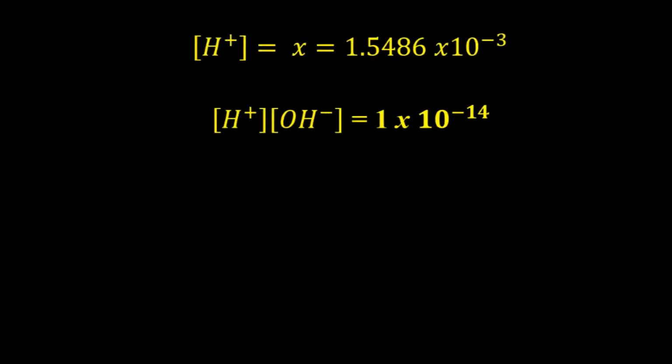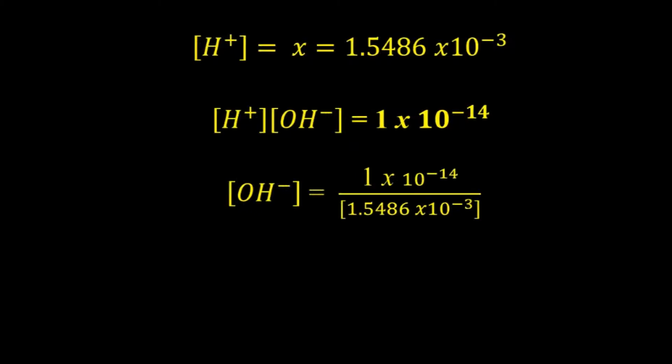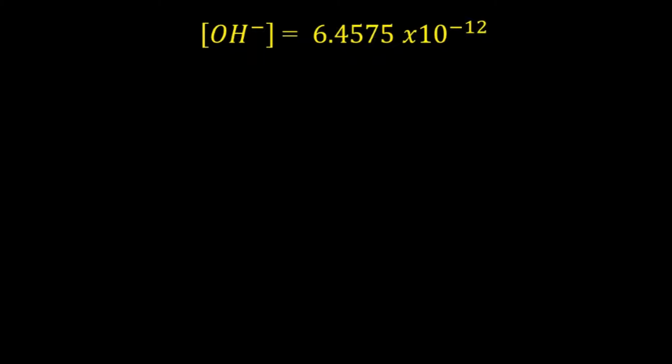Now, the OH concentration is given in terms of the expression for Kw, as we see here. Now we are going to plug into the Kw expression and solve for the OH concentration, and it is 6.4575 times 10 to the negative 12th.